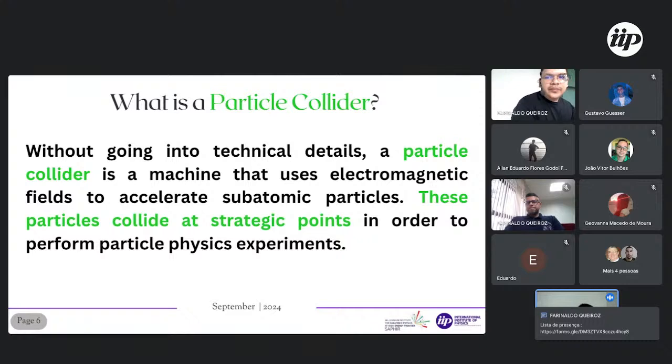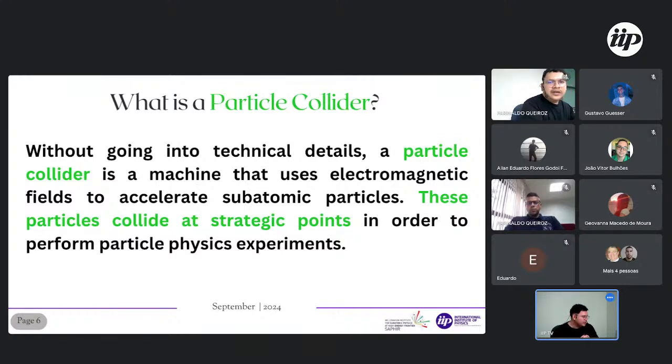This is important. From an experimental point of view, we call these strategic points detectors. We put detectors around the collision points and perform particle physics experiments. We analyze the results of the collisions.